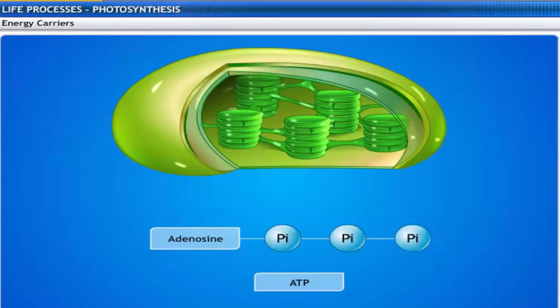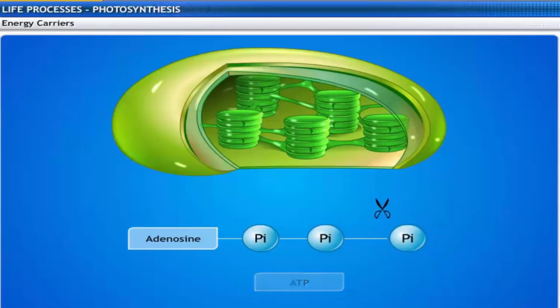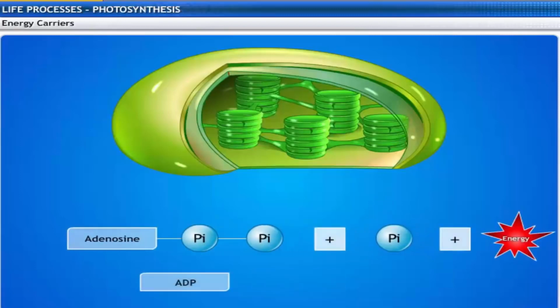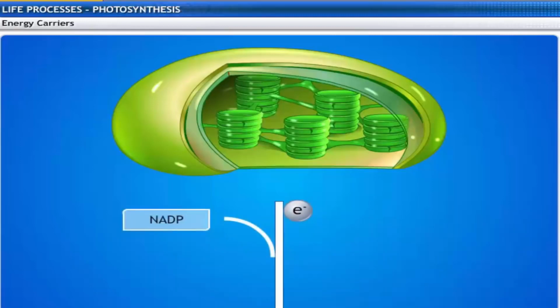The third phosphate group in ATP breaks up, releasing ADP, phosphate, and energy. NADP is nicotinamide adenine dinucleotide phosphate that is used as an electron carrier. NADPH is the reduced form of nicotinamide adenine dinucleotide phosphate that serves as an energy carrier.